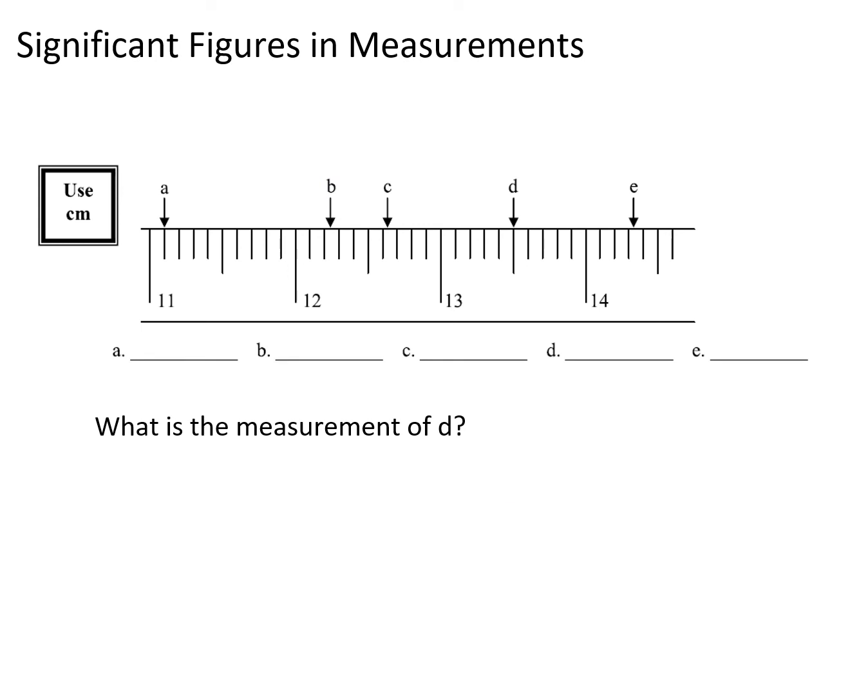All right, we're going to make one last measurement in this video. So here we're taking a measurement at point D. Remember, in your measurement, you want to include all of the values you're certain of plus one estimated digit. So when I take a look at this ruler, I am certain that I have 13.5 centimeters, but I still need to include my estimated digit.